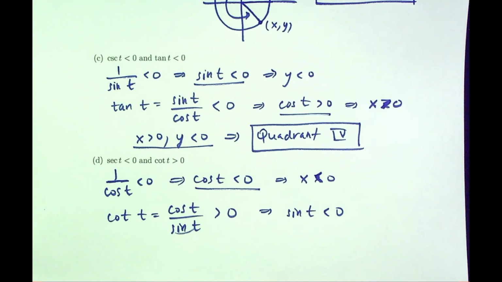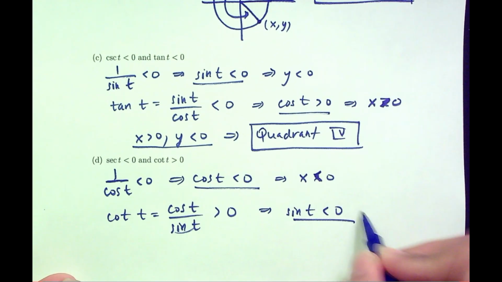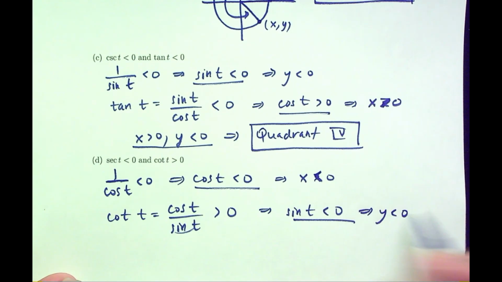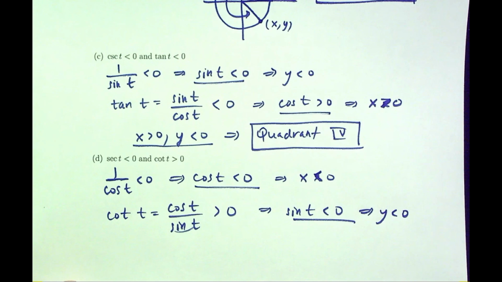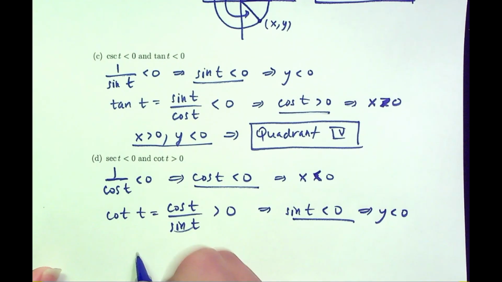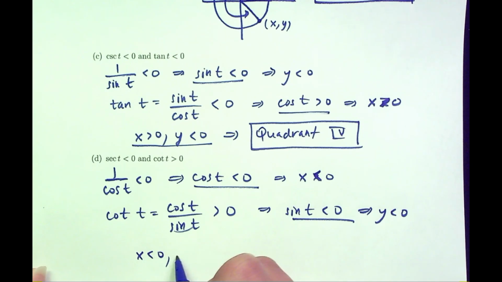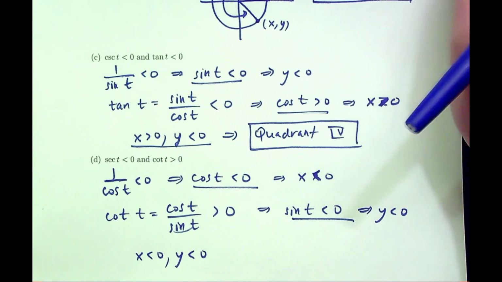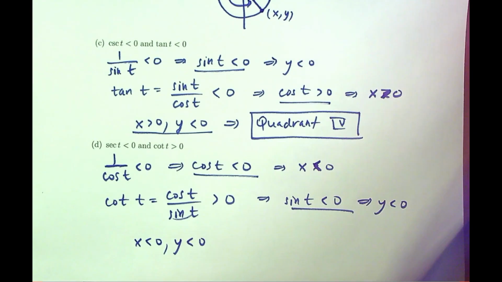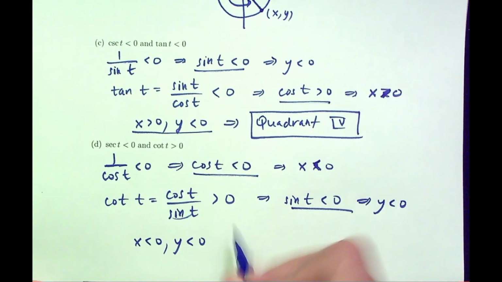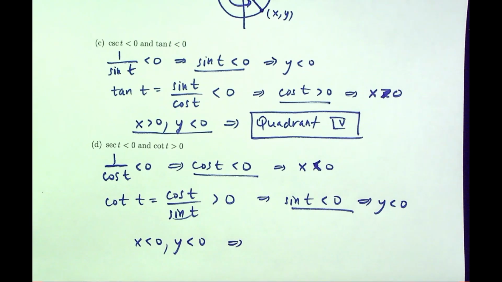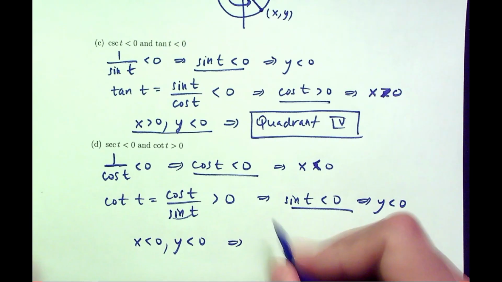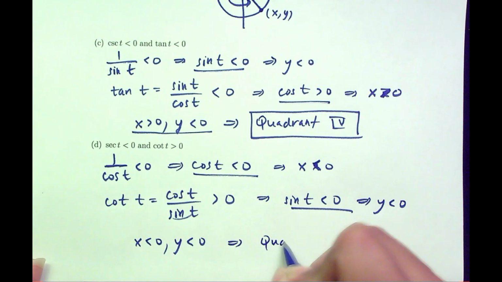If you divide negative by negative, you get positive. So then that means that the y-coordinate is negative. All right? So now, what does that mean? x is negative and y is negative. So if x is negative and y is negative, in what quadrant are you? This is the third quadrant.